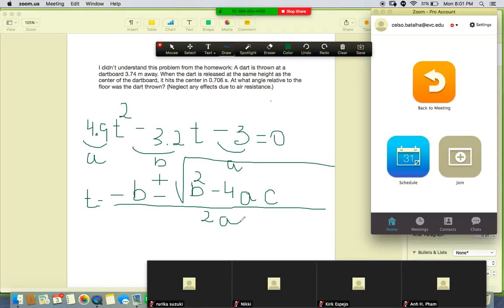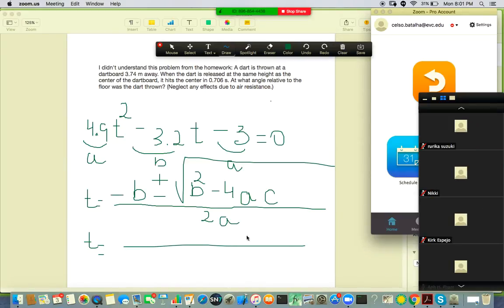That's how you solve. So let's say you did the physics problem and you find yourself in a quadratic equation like that. How do you solve for t? Well, you look at your equation and you just replace it by these values. Negative B is negative of negative 3.2, so you're going to get a positive 3.2, because negative is positive. Plus or minus the square root of B squared.